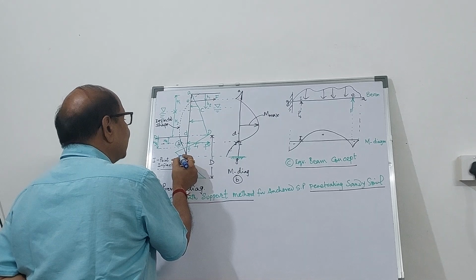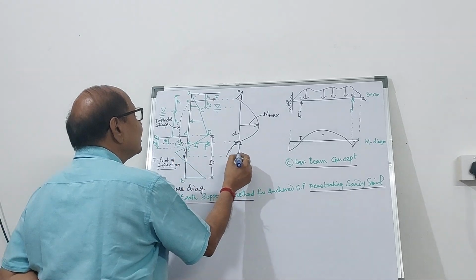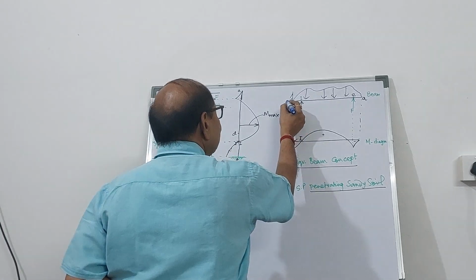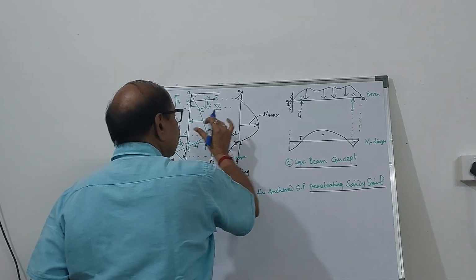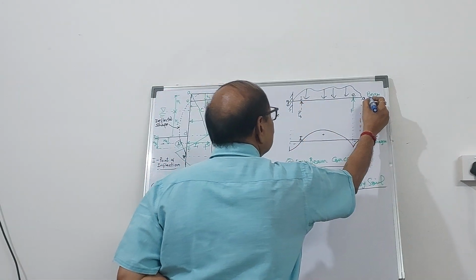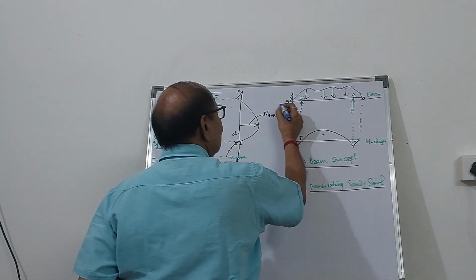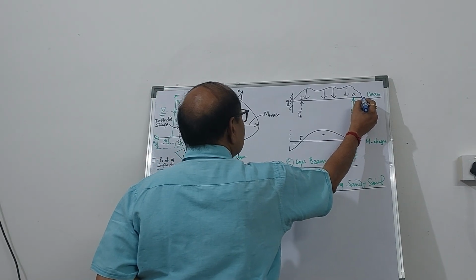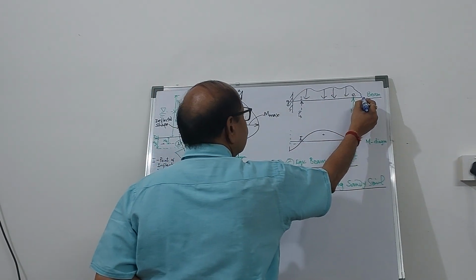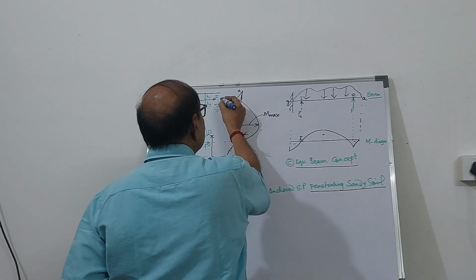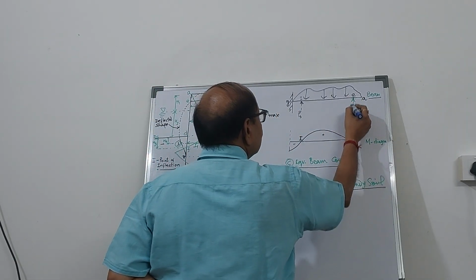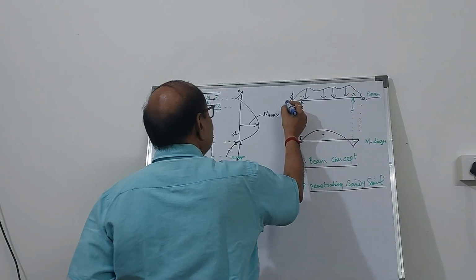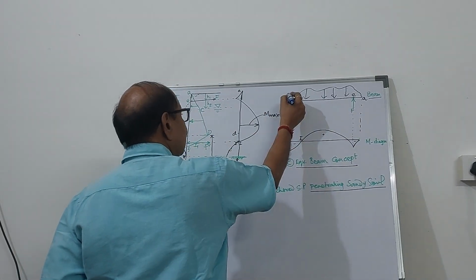So as if it is completely fixed. So G, if you rotate it by 90 degrees, it becomes a beam. So you have a beam where the free end is this point A, and the anchor rod is provided at E. So this is the force, and at G there is no deflection.